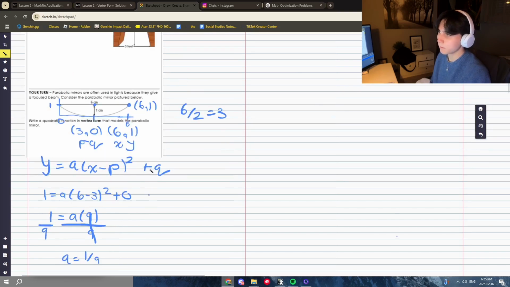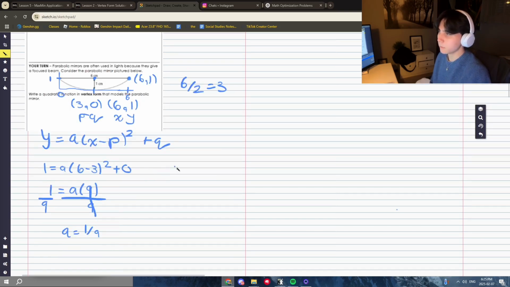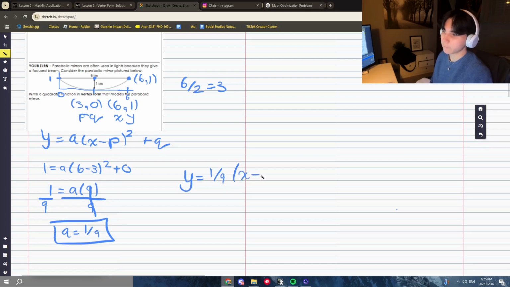And now what you should get as your final equation, when you plug it back in, is y equals a, which we got as 1 over 9, times x minus 3 squared plus 0.